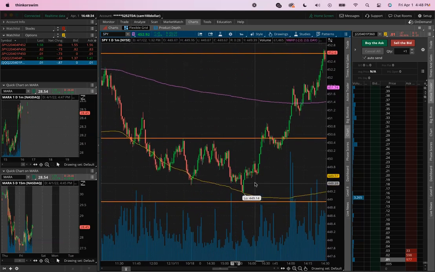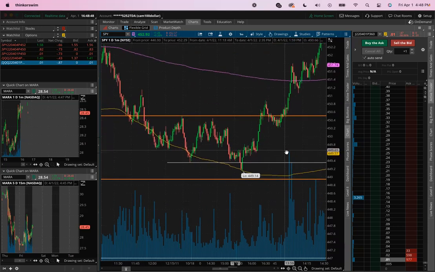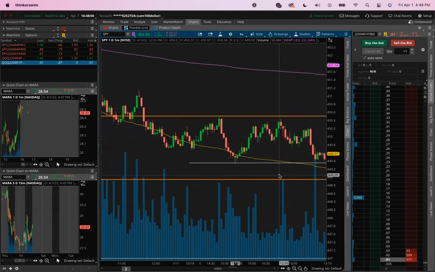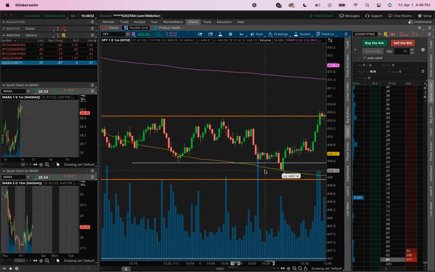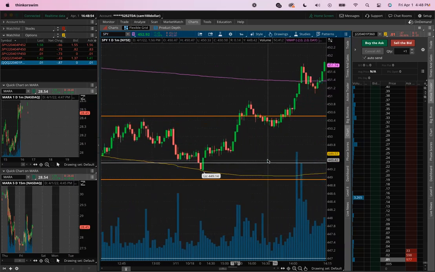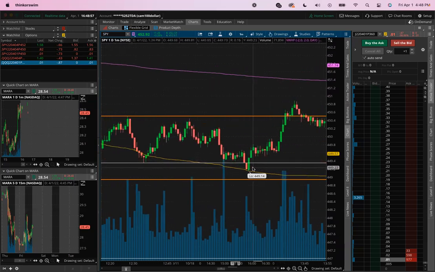So for this example right here, say we want to play a low of day break on SPY right here, right? If we're trading shares, this isn't something that's an issue. You can go ahead and, if you're like, okay, I want to short SPY, I'm just waiting for this to fake out or to break out, so after we have a confirmed breakout here, maybe you short shares right here.